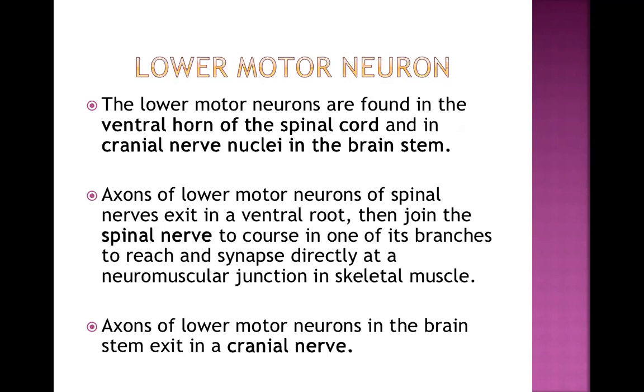It goes outside from the ventral root, then it fuses with the dorsal root to form spinal nerve, isn't it? Then spinal nerve again divides into two branches, dorsal ramus and ventral ramus. Then through its branches, it will go to the skeletal muscle. Axons of lower motor neurons in the brainstem exit in a cranial nerve out of those 12 cranial nerves.